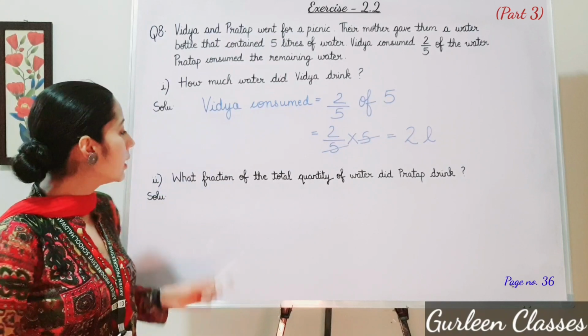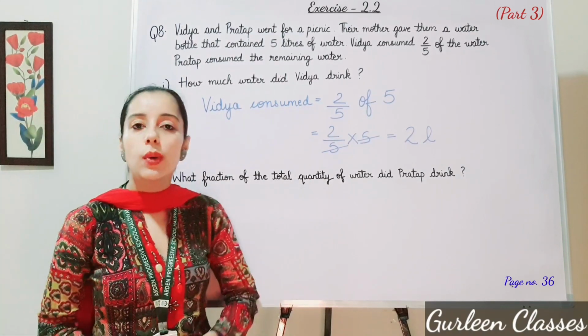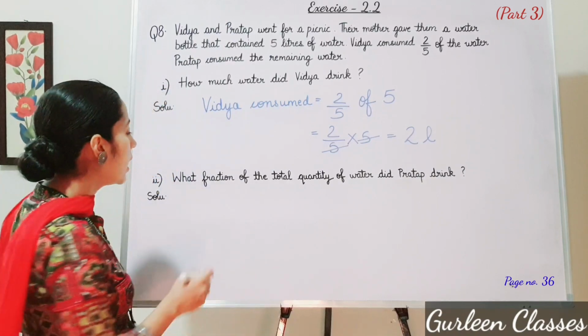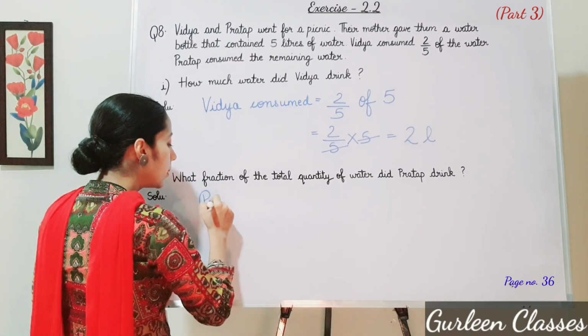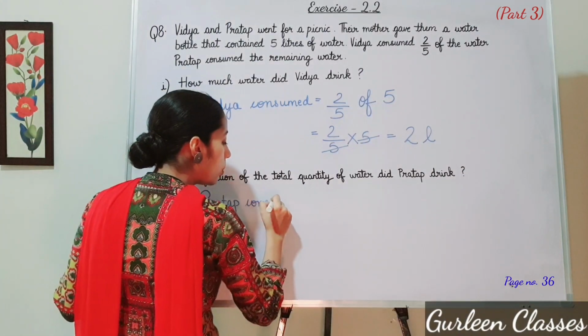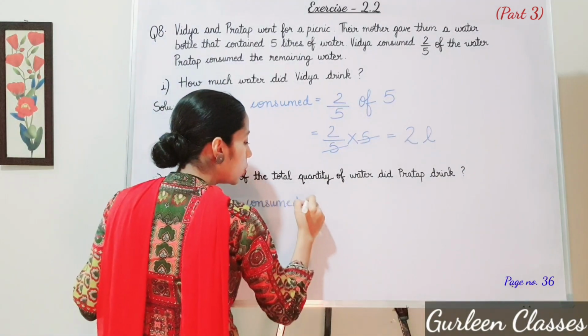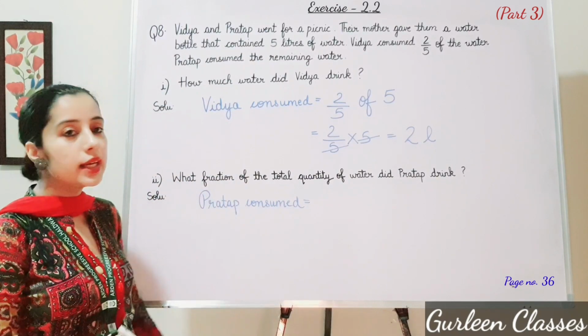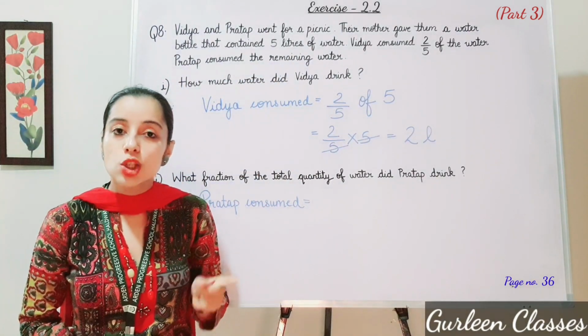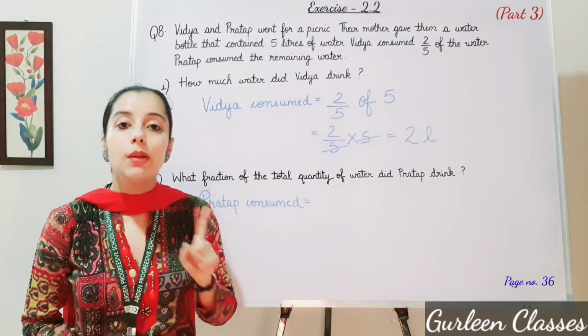Now second part: what fraction of the total quantity of water did Pratap drink? So let us find out. Pratap consumed. How much water did Pratap consume? See students, the question is Pratap consumed the remaining water. So total will be 1.